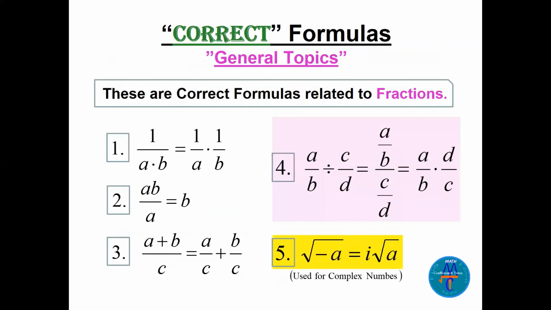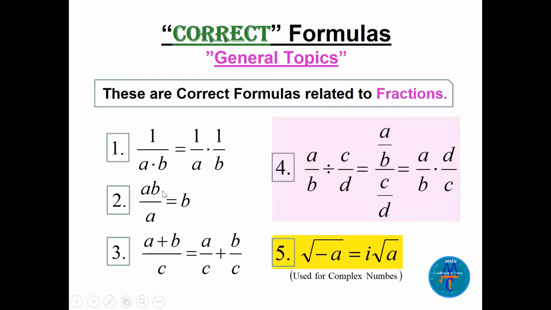Now let's see the correct formulas. Look at this nice slide. 1, 2, 3, 4, 5. I showed you some correct formulas that you can use always. If you have a multiplication, in number 1, you see 1 over a times b. In the multiplication, you can split it into fractions here.